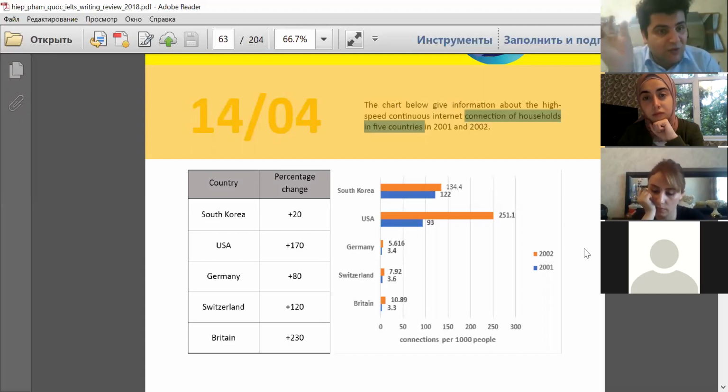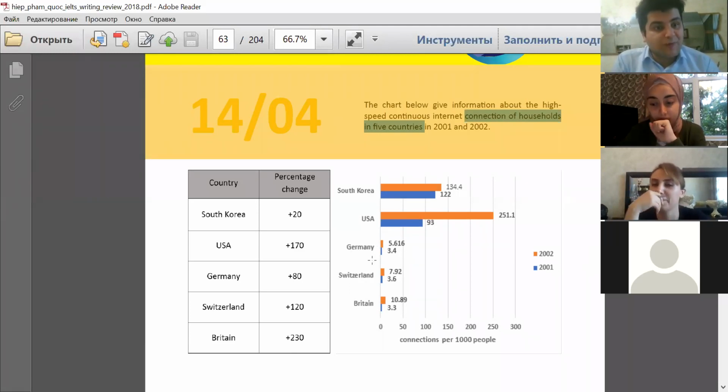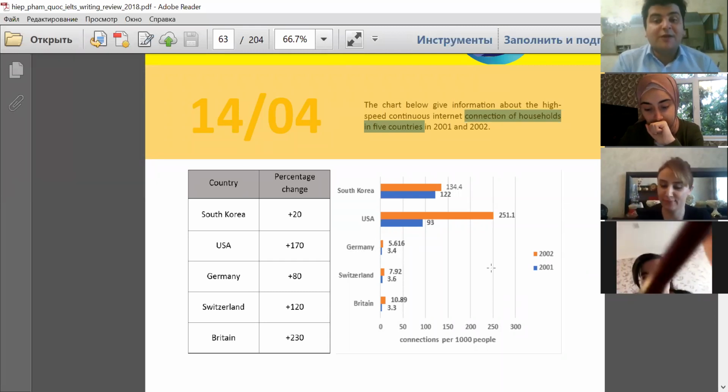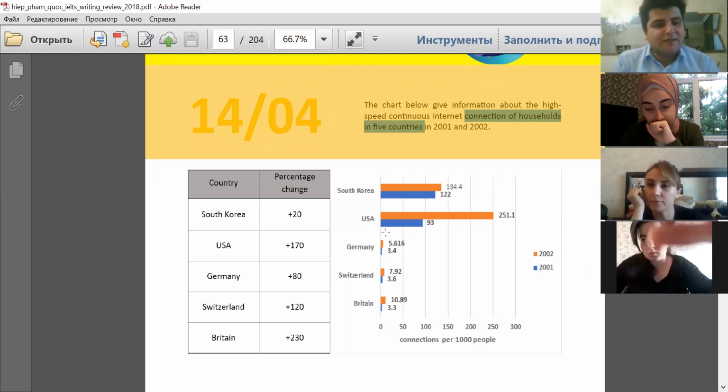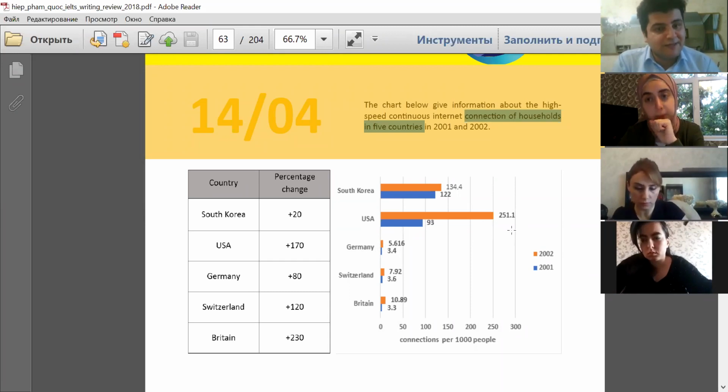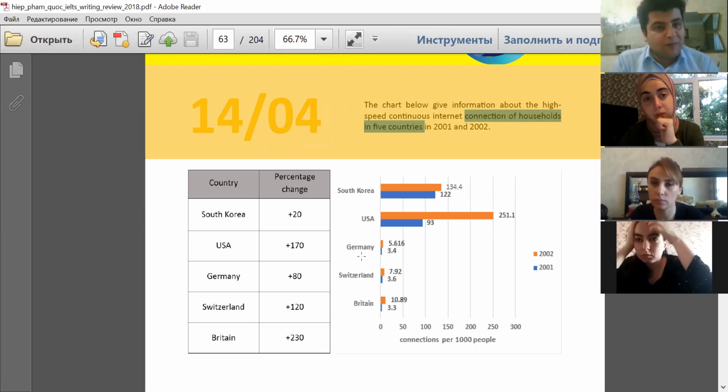I mean 2002, not 2001. Okay, again, in 2002, the lowest is Britain. No, in 2002 it's Germany, the lowest is Germany. Okay, so in 2001, United States reported the highest rate, while Germany was at the lowest rate.